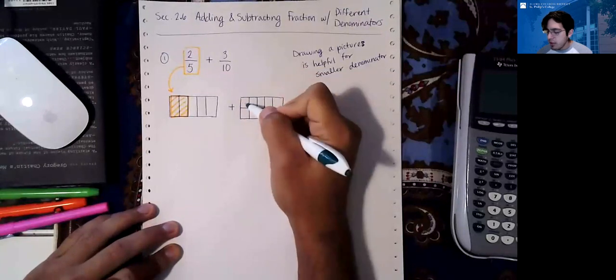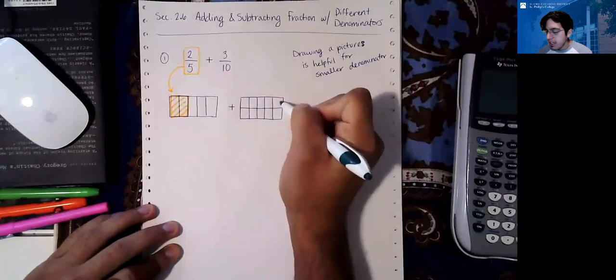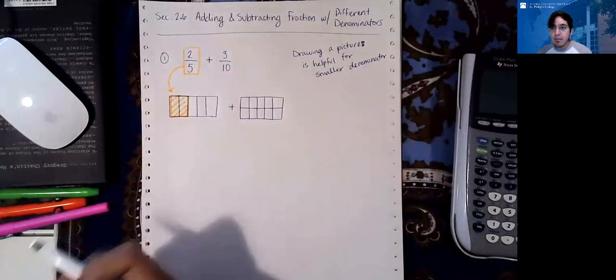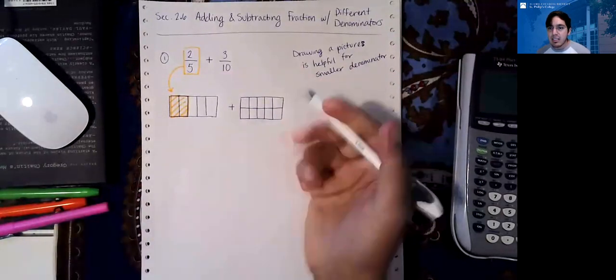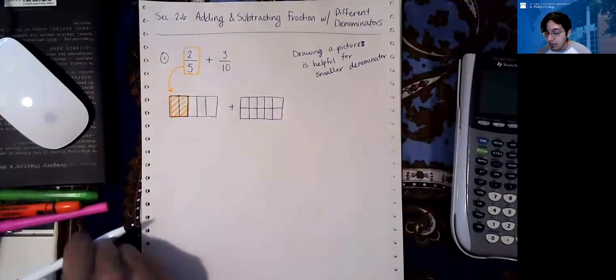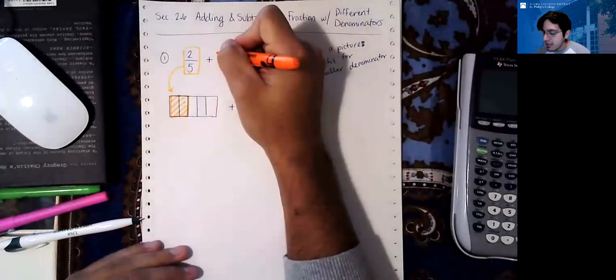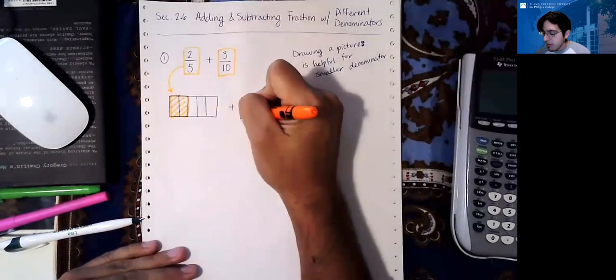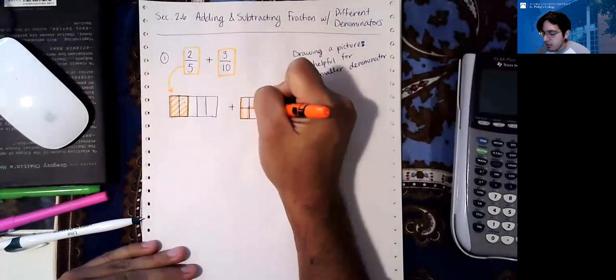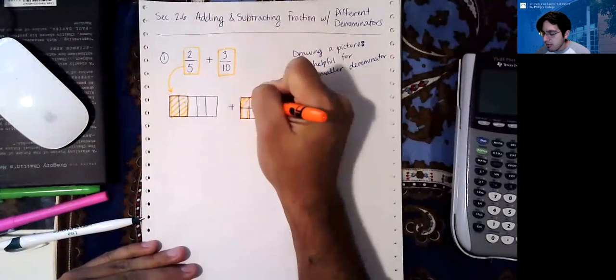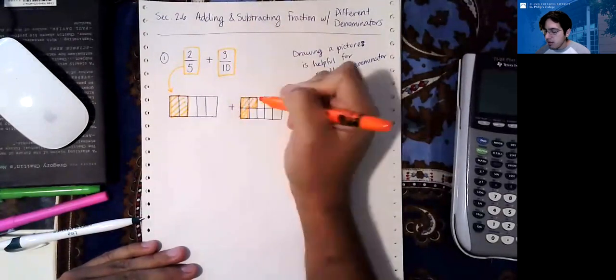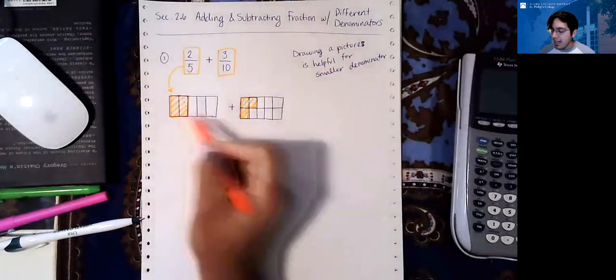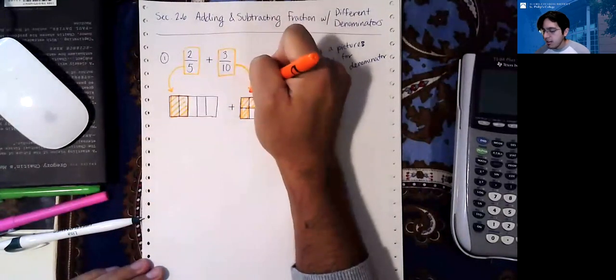And now we have 1, 2, 3, 4, 5, 6, 7, 8, 9, 10 of these smaller squares. In fact, these are 1/10 each. And we have 3 of them. We have 3/10. So really we would have just 3 of these little squares here. Okay. And we're trying to add the highlighted portions together.